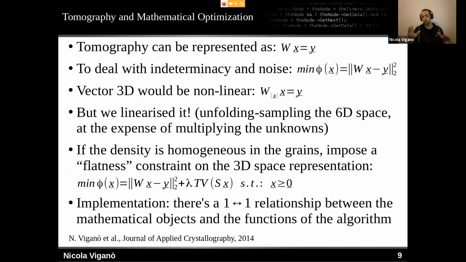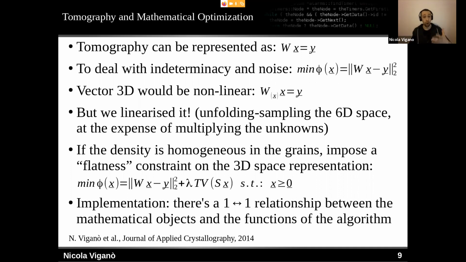So what we can do for dealing with that is to introduce some priors, and by that I mean we can already assume that all the reconstructed intensities will not be negative, because that would be absorption. And also we could think of grains that are homogeneous in real space, so that their concentrations don't change throughout the grains and so on.